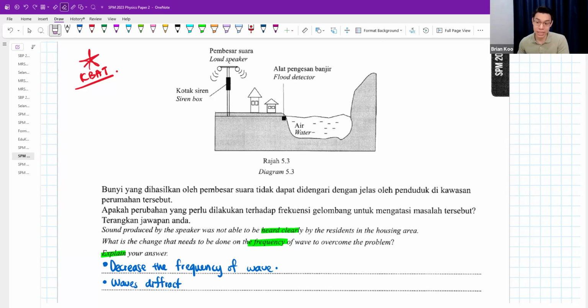Or you want to say spread also can. Diffract and spread is the same meaning. Or you want to add sound waves diffract more, spread more, also can. There's another answer that we accept as the explanation. Because the wavelength increases when frequency decreases.